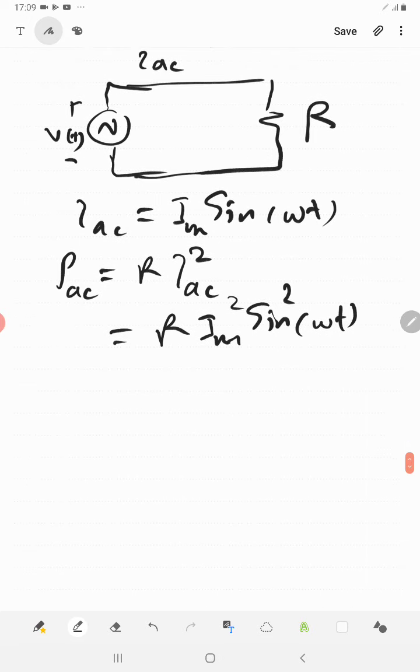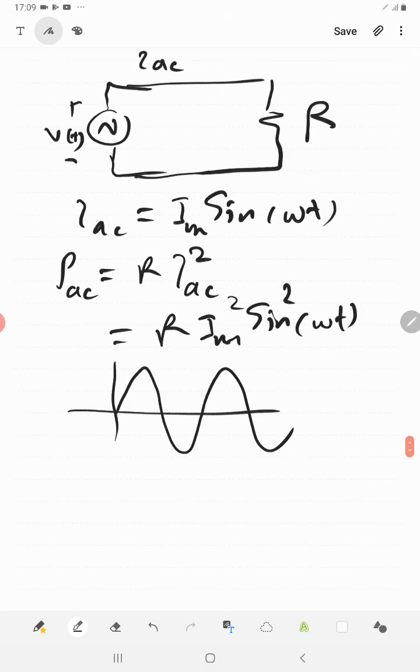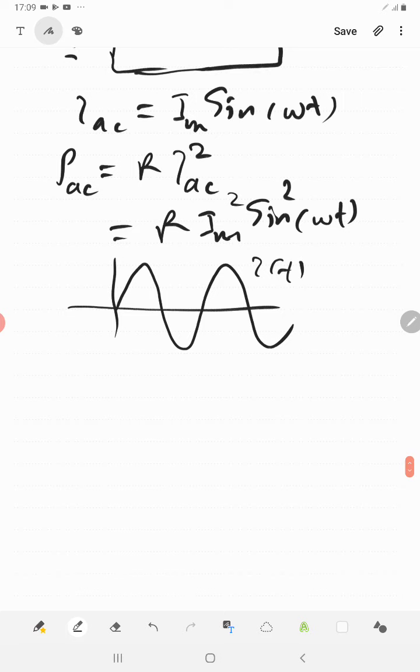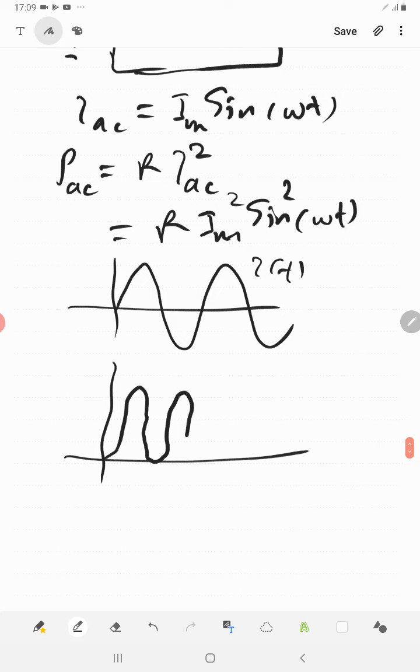Okay? Now, if this is the current I as a function of t, then this would be the current squared. So this is I AC squared. And you have here V maximum squared, and here we're talking about a current, so it is I maximum squared.